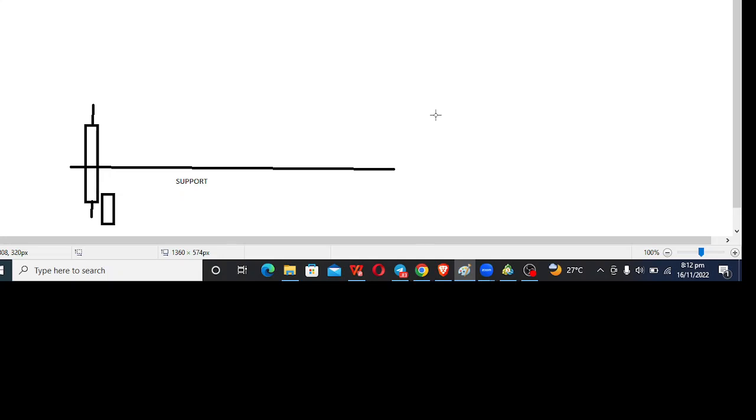You can have an entry on a higher time frame, maybe H4 or daily, but you need to switch to the lower time frame to know whether there would be a pullback somewhere. We can have an uptrend on H4 and then a downtrend on maybe 5 minutes or 1 minute. We call this trend within trend.